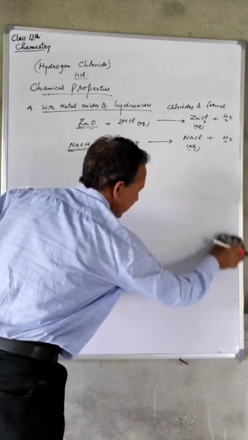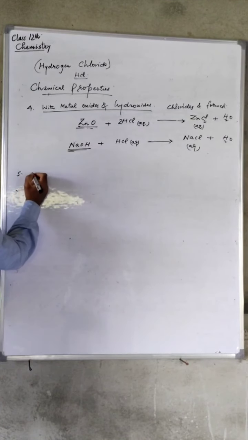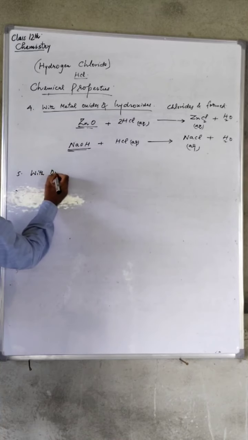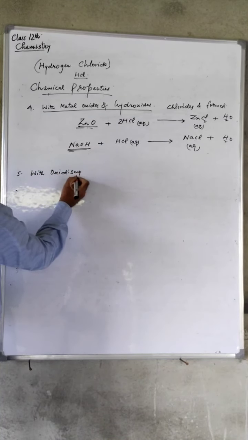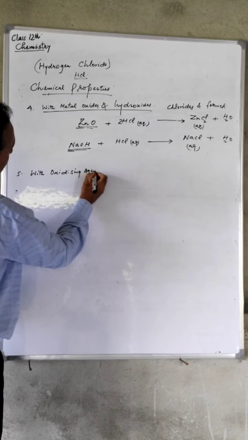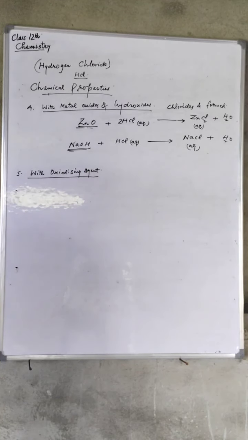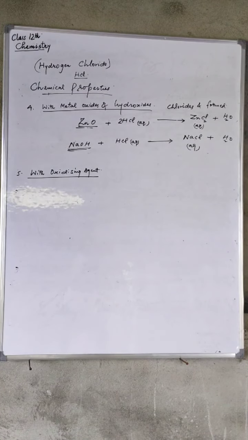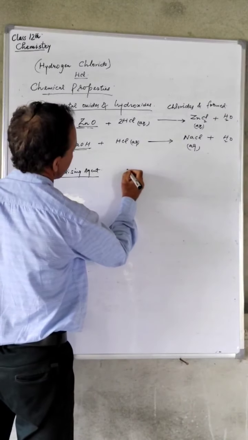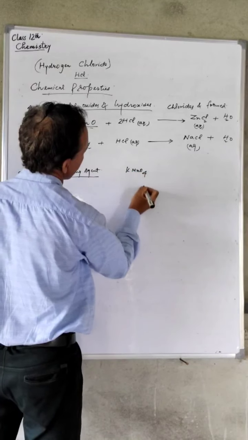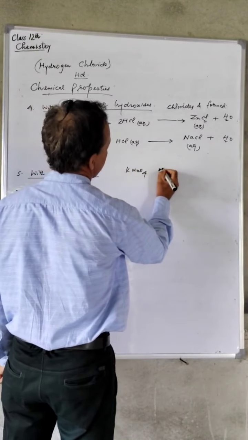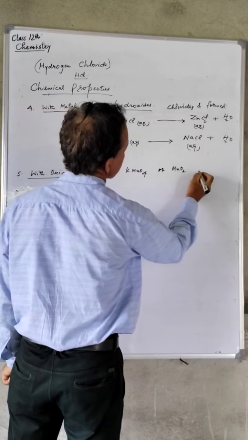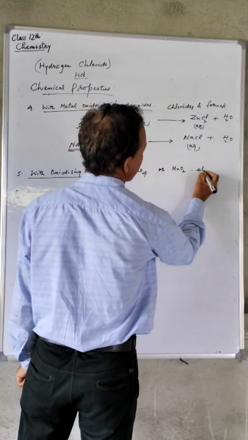the oxidizing agent. It reacts with the strong oxidizing agents to form chlorine, with a strong oxidizing agent like KMnO4 or manganese dioxide.